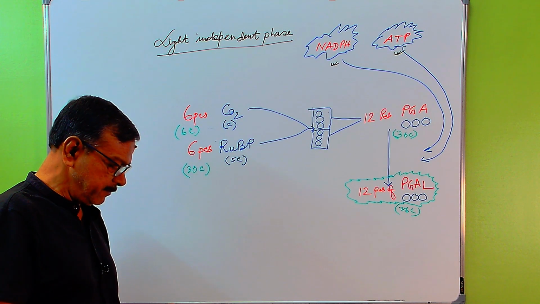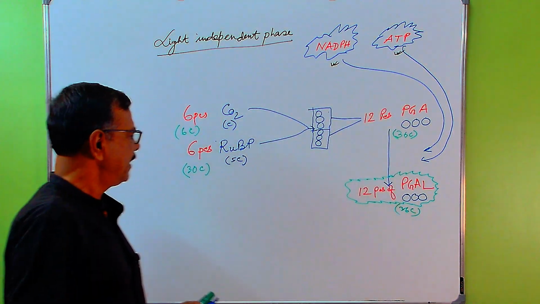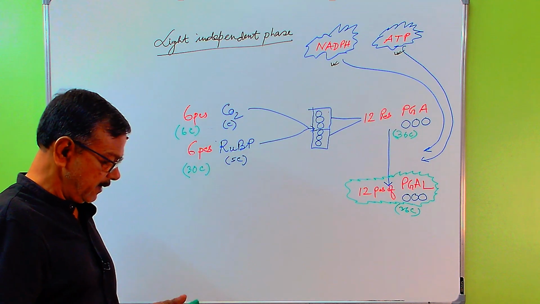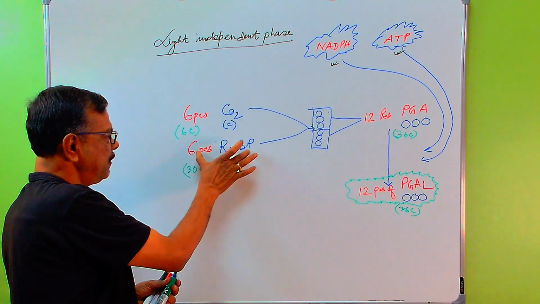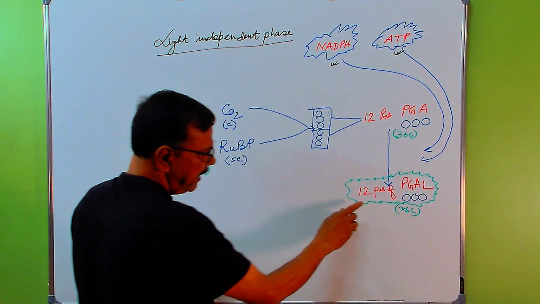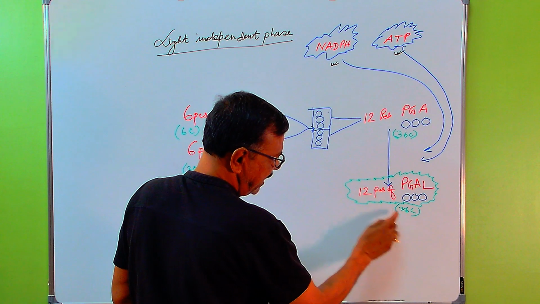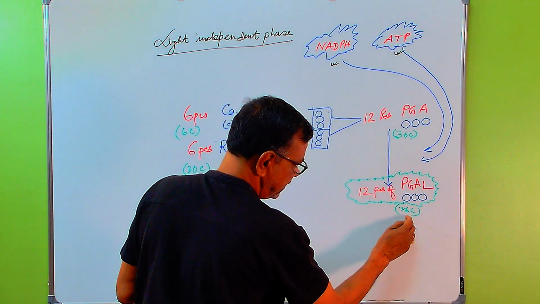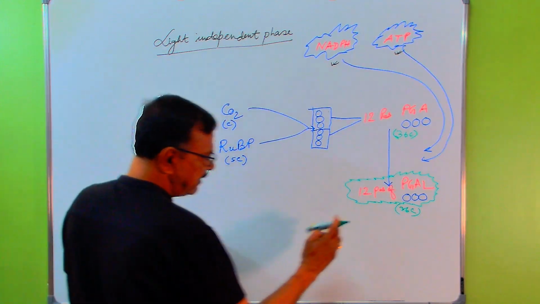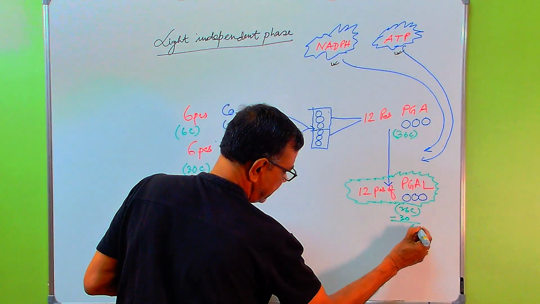Out of 36 carbon, to continue the cycle, I require 6 pieces of RuBP. 6 pieces of RuBP contain 30 carbon. And here 12 pieces of PGAL, 3 times 12 is 36 carbon, and I have to take 30 carbon. If I take 30 carbon from here, 6 carbon are left.